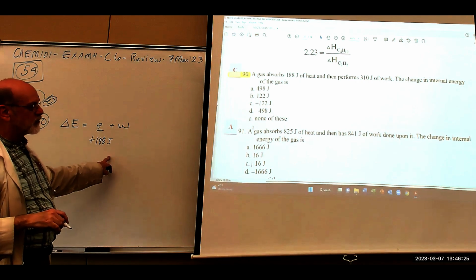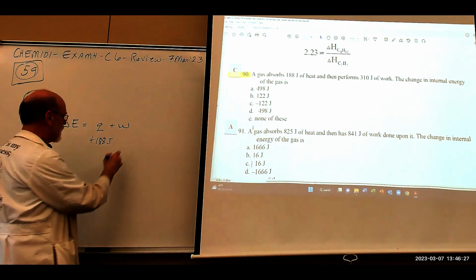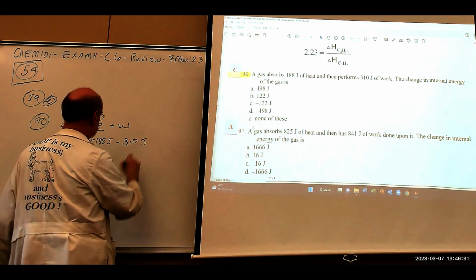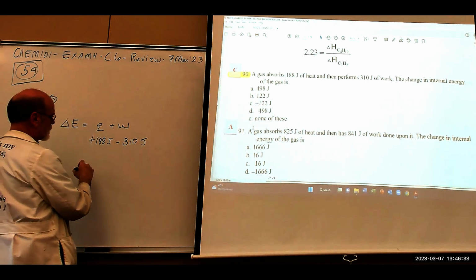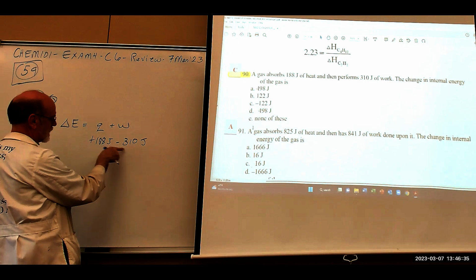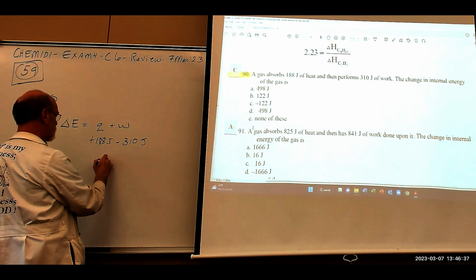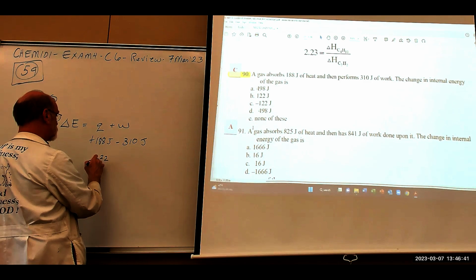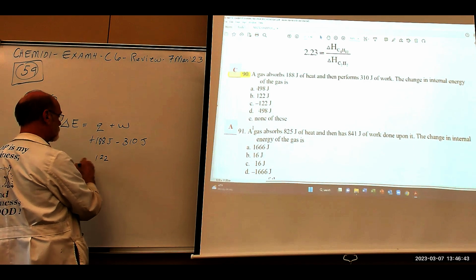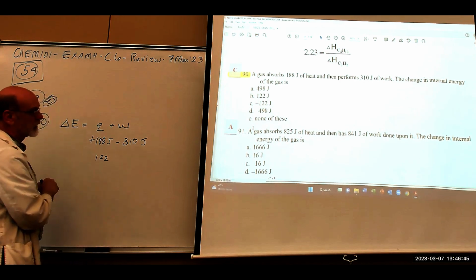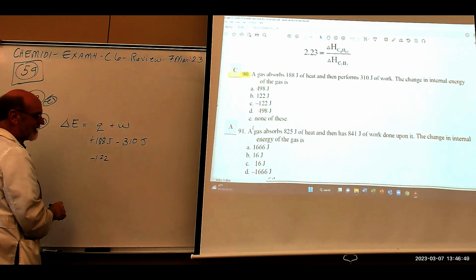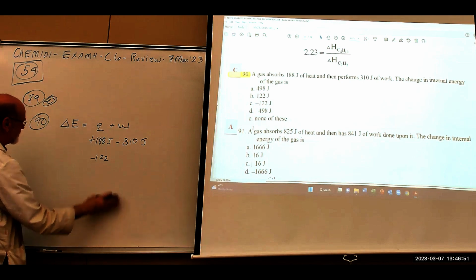And if it performs work on its surroundings, that's a minus value. So we just have to subtract those two. Actually, add this one to a negative, which would be negative 122. Yes, that's a negative.